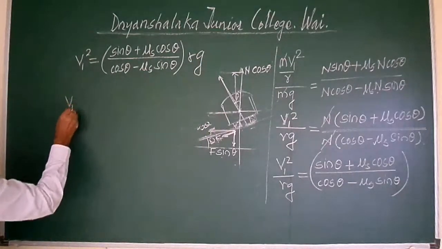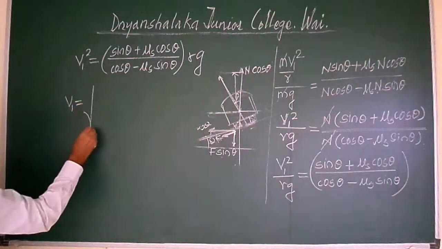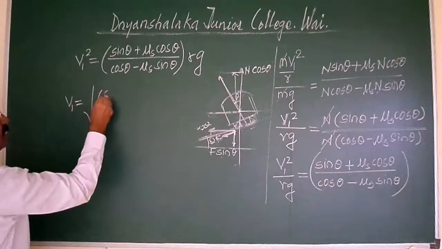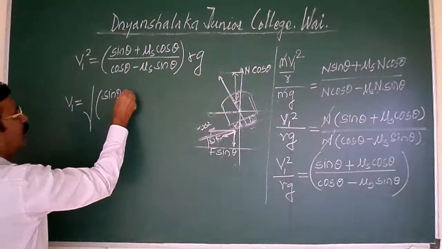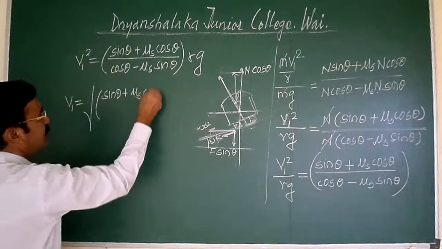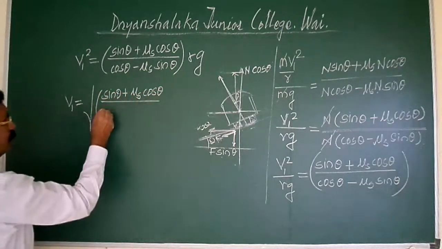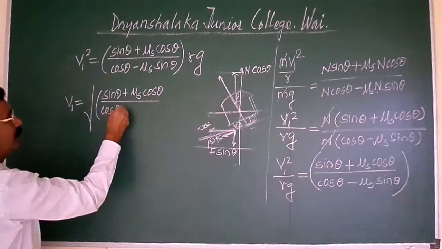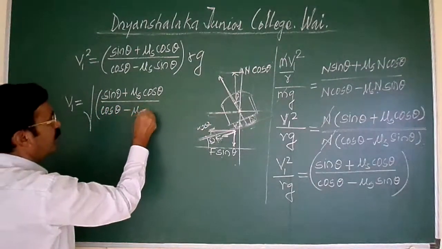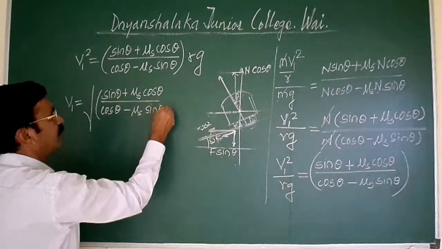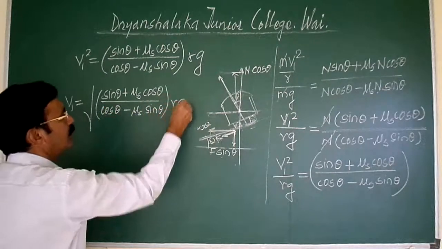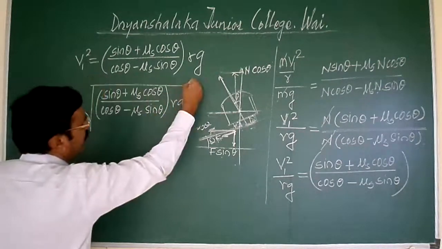So v1 will be equal to under root of sin theta plus mu s cos theta upon cos theta minus mu s sin theta into rg.